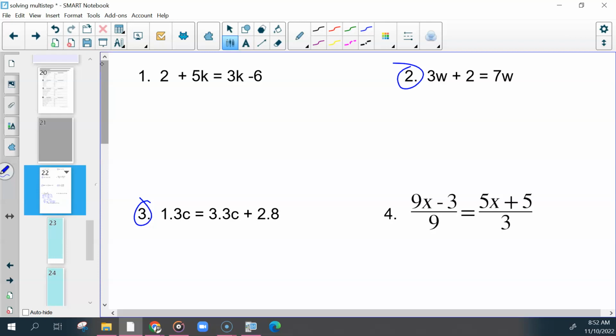How you do it doesn't matter, but the more ideal way to do it would be to move 3w over. And then solve from there. So this would end up being a fraction.